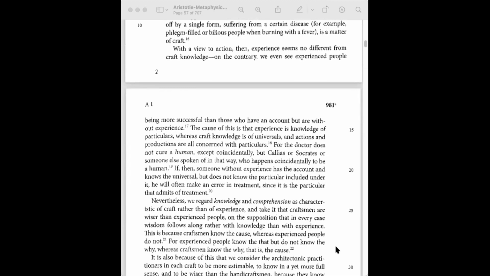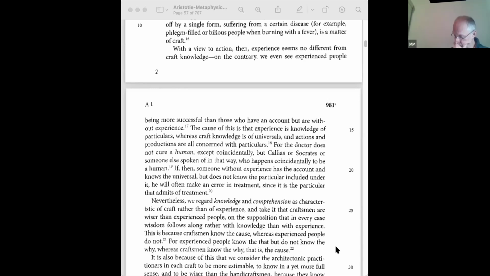This is because craftsmen know the cause, whereas experienced people do not. For experienced people know the that, but do not know the why, whereas craftsmen know the why, that is the cause.